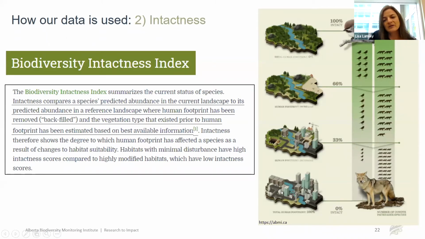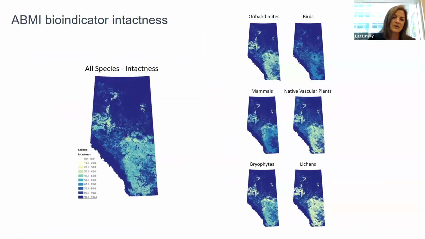Whereas in highly modified habitats, we find a low level of decreaser species and a high level of increasers. And so this turns into an intactness index, which can then be used to look at intactness across the province.